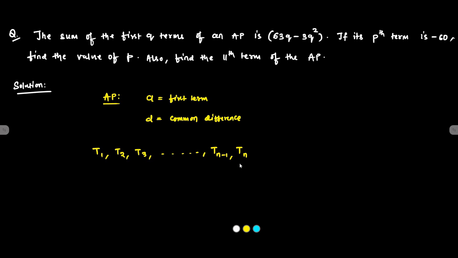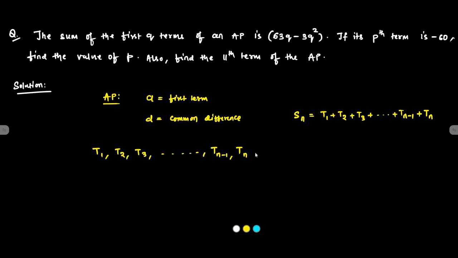Now the sum of these n terms will be equal to Sn, T1 plus T2 plus T3 plus Tn minus 1 plus Tn. This is the sum from the first to the last term.